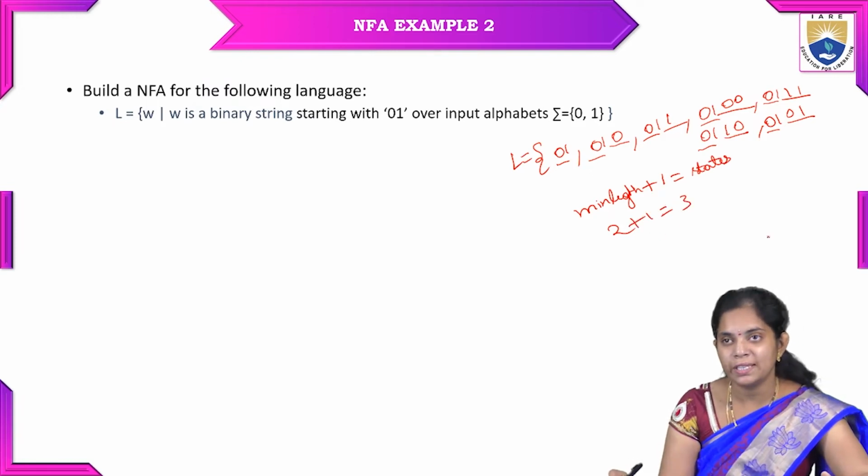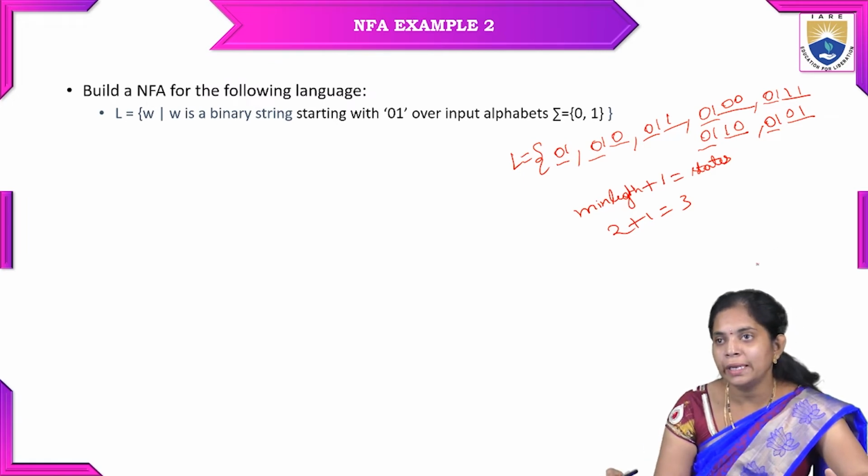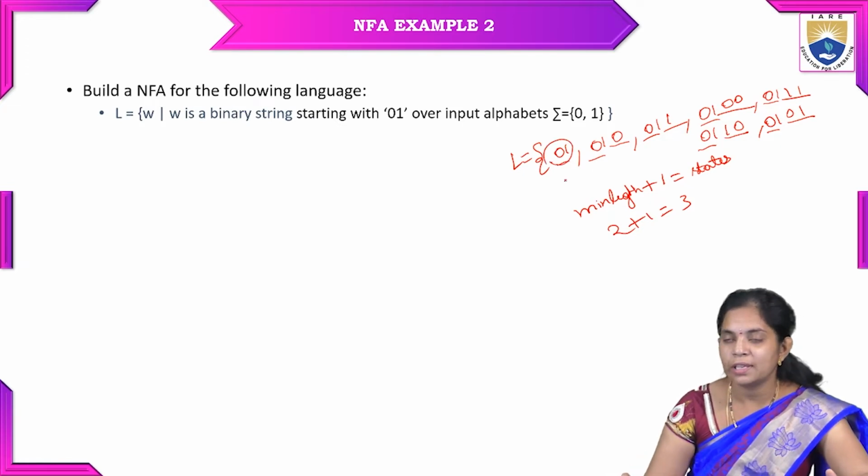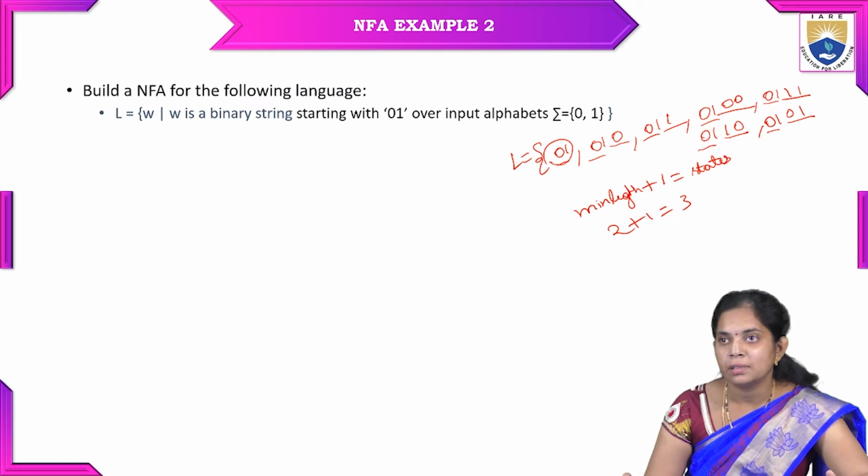So we require 3 states here. We start with q0, and the final state is reached once we satisfy this first condition. We will see the construction of this NFA.